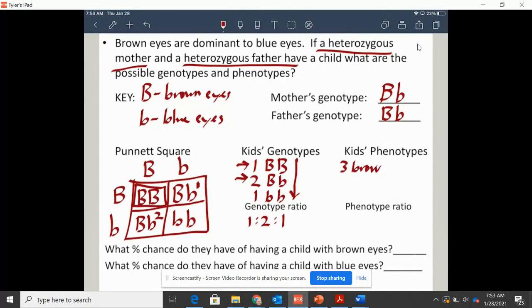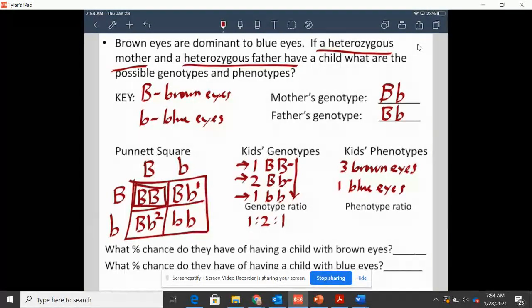Same thing. If the phenotypes are the same, you need to combine them, right? Even though the genotypes are different, homozygous dominant here and heterozygous here, they're going to result in the same phenotype. So we have to show that, okay? And then I should have 1 down here with blue eyes, right? Little b, little b. I'm going to actually get blue eyes out of this option.